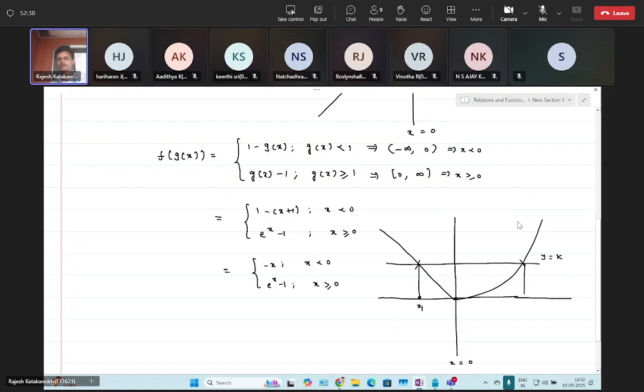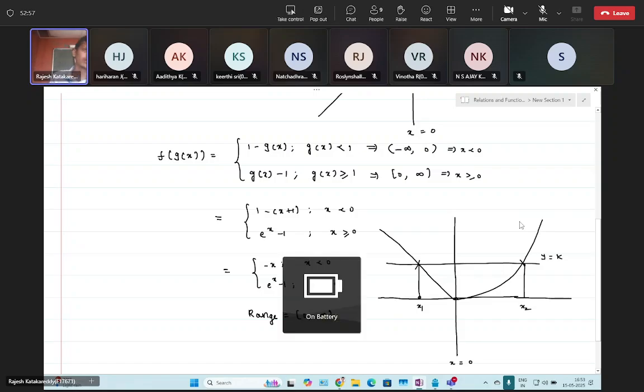The given function is not one-one. For the onto part, I can see the range of this one is starting from 0 and going till infinity. Range is not equal to codomain. So therefore the function is neither one-one nor onto.